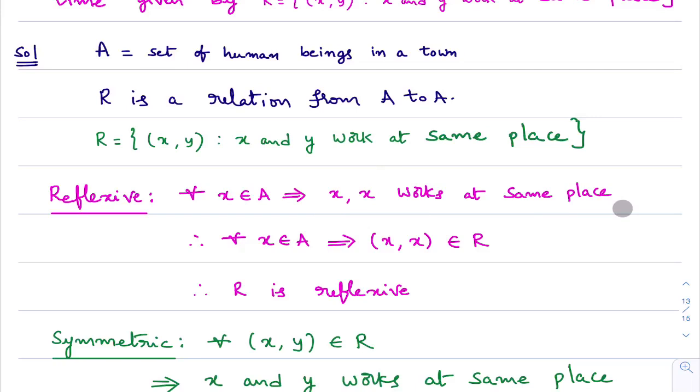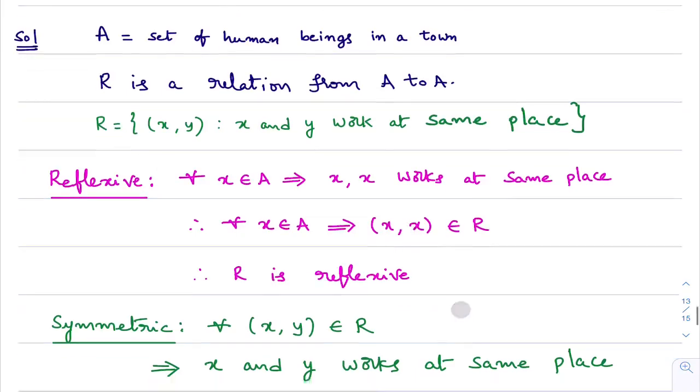Obviously, where x is working, he is working there only. Yes, x and x work at the same place. That tells you that ordered pair (x, x) belongs to this relation. If I take an element x in set A, I came to know that (x, x) belongs to this relation, because where x works, there only. Where you are studying, that place only. You are not going to some other place. Focus, right? This is an easy, simple thing. Therefore, we can say that relation R is reflexive.